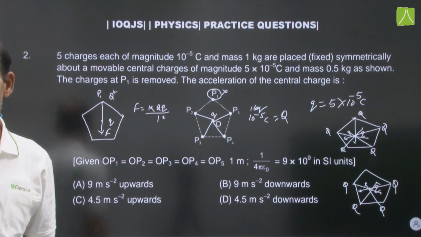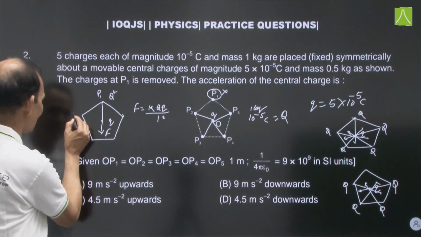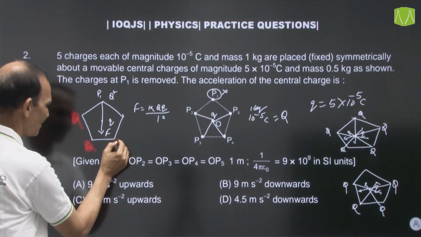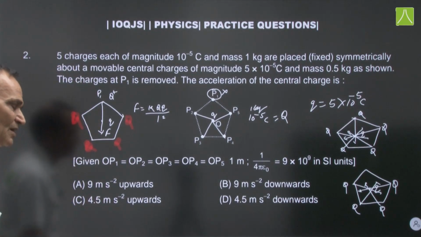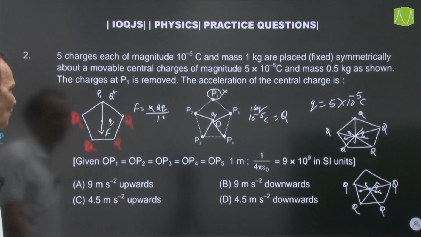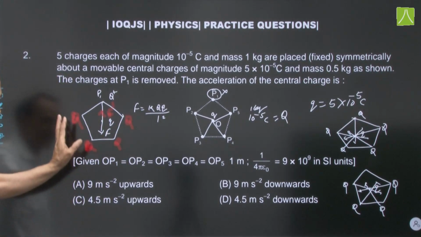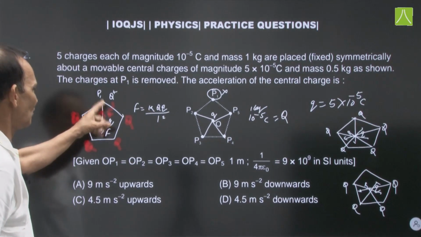Is it clear? Now the rest 4 charges are placed. Now I place these as well, these charges I placed, Q and this one too. See, due to this single charge it is F1. Now due to the rest of the charges P2, P3, P4, P5, there must be F dash. F dash and F must be equal in magnitude, so we can find the value of F dash.